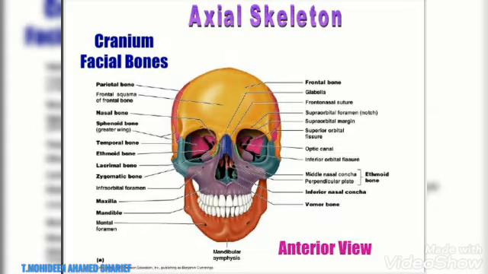The capacity of the cranium is 1500 cubic centimeter. These bones are joined by sutures which are immovable, and they are a paired parietal, paired temporal and individual bones such as the frontal, sphenoid, occipital and ethmoid.